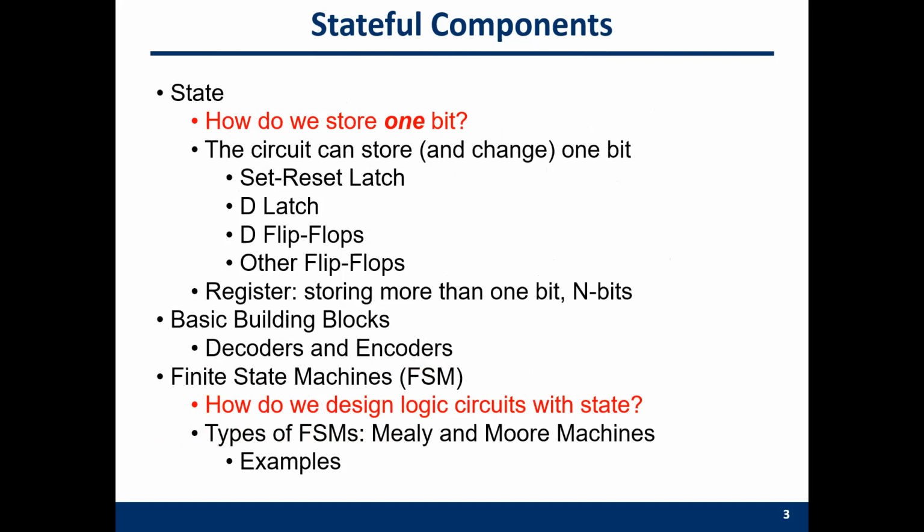We can also have the decoder and the encoder to index those memory elements. For example, I have one array of D latches. I can organize them in columns and rows, and then I can use my decoder and encoder to decode, for example, if I want to access the third row of this latch array.